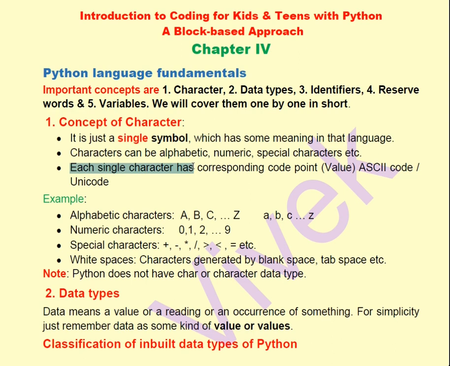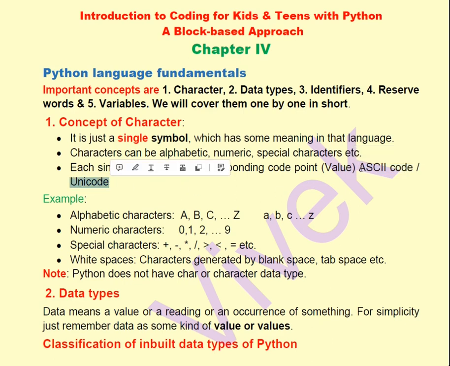Each single character has a corresponding code point. Code point means a certain value. So every character or symbol in the computer language is associated with a certain value. This value is the ASCII value or ASCII code or the Unicode.